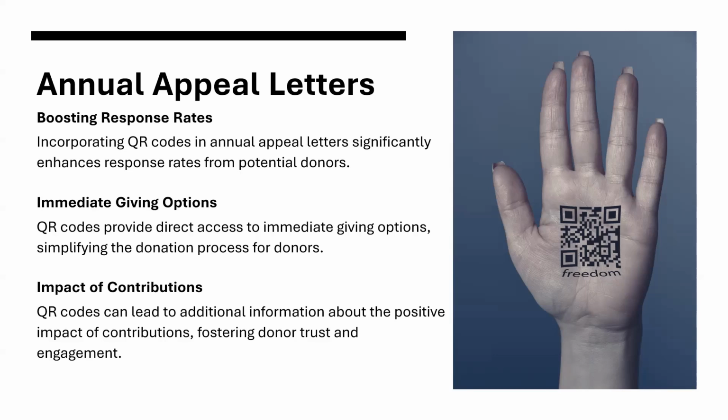It provides access to immediate giving options, and it simplifies the donation process. Also, QR codes can lead to additional information about the positive impact of contributors, fostering donor trust and engagement.